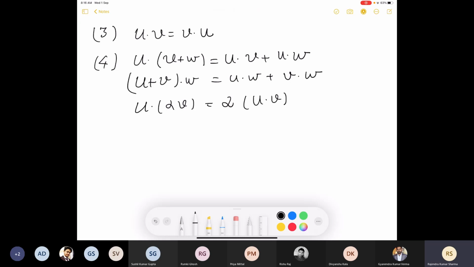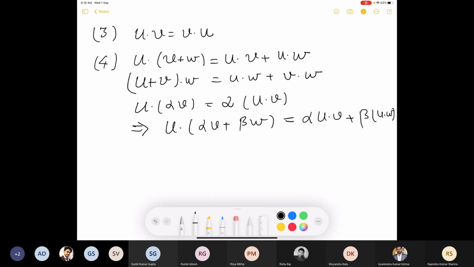So these can be combined together. So this gives u dot alpha v plus beta w is same as alpha u dot v plus beta u dot w.